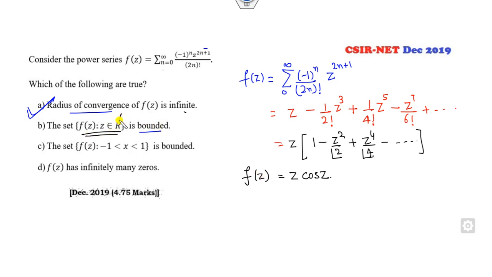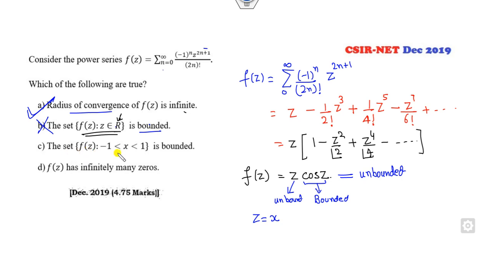If z is a real number, you know this is bounded. But with the real number z, basically z is nothing but x on the real line, so the product is unbounded. So this option is cancelled.